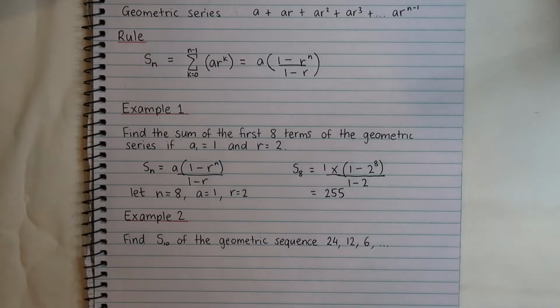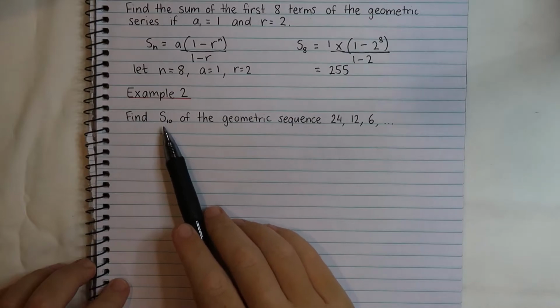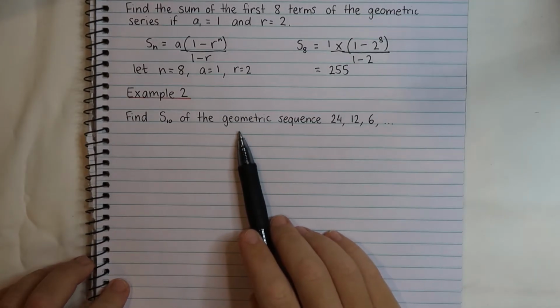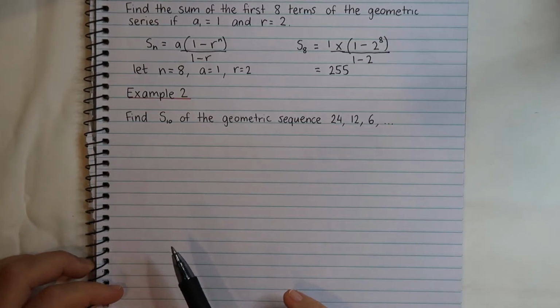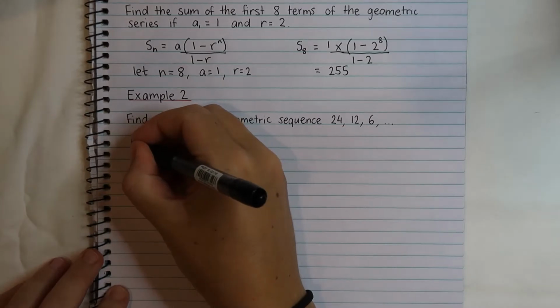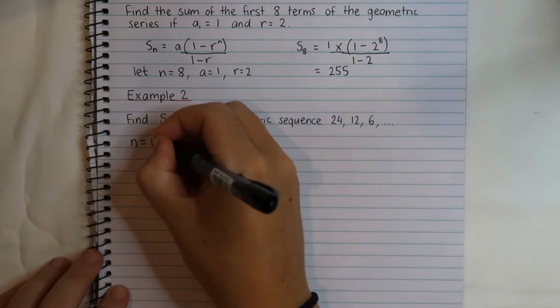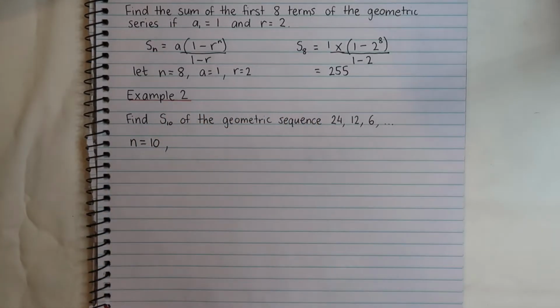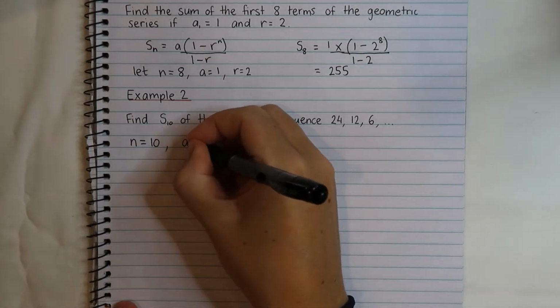So let's do another example where the question just looks a little bit different. So it says find S10 of the geometric sequence 24, 12, 6, and so on. So we know that we are going to be finding the sum of the first 10 terms. So n is going to equal 10. We also know that our first term is going to be 24.